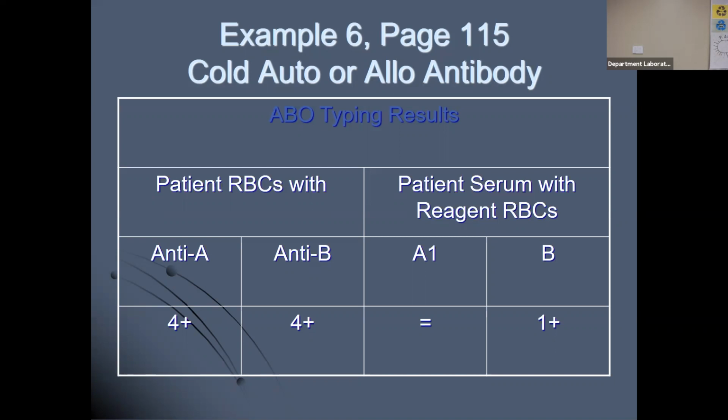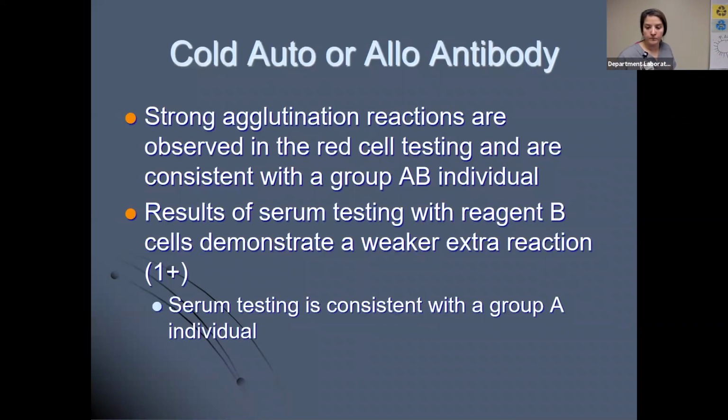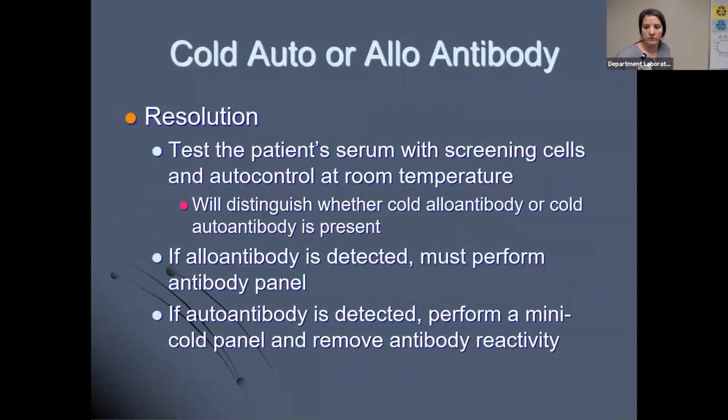Okay? We could also run a panel. Right? If we think this patient has an alloantibody, we need to identify that antibody. And so we could run a panel on this patient as well. You could test patient serum or plasma with screening cells. That's your antibody screen.